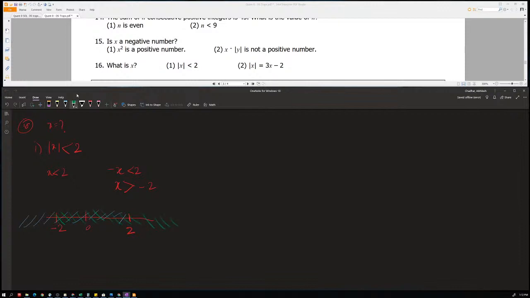So we have one range of x, and x can lie anywhere in that range. We don't have one particular value, and this is not sufficient.